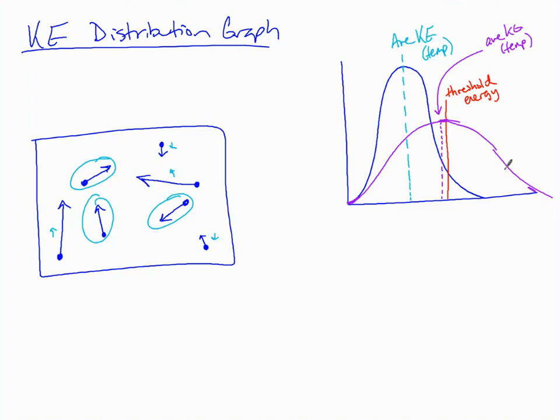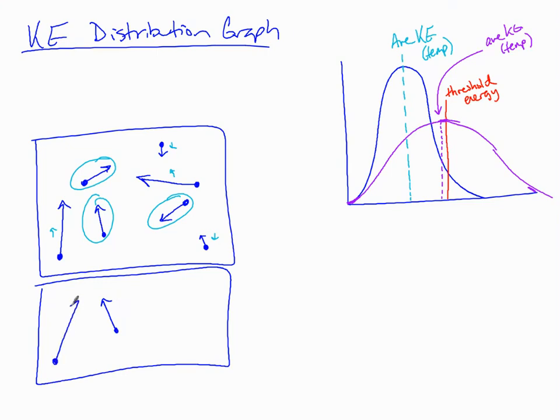So if I were going to draw this one as a box, I would probably still have a couple that were along the lines of the old average. But now most of them are probably moving much faster, like this.